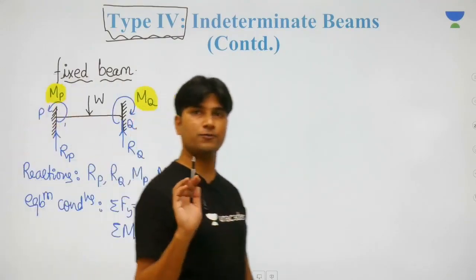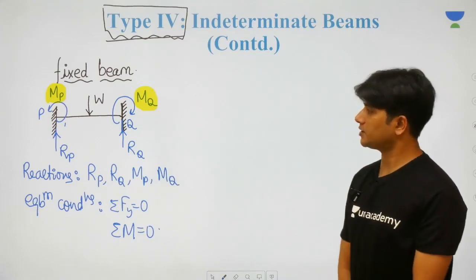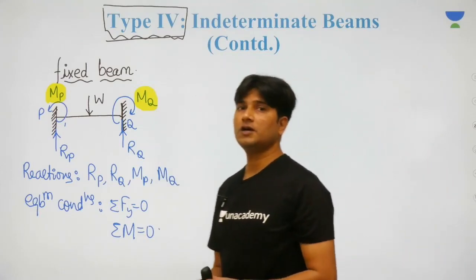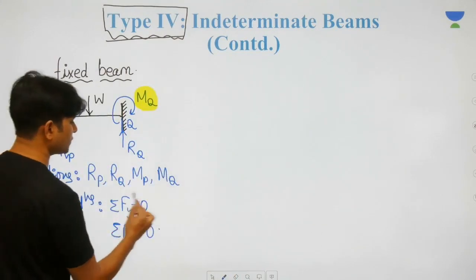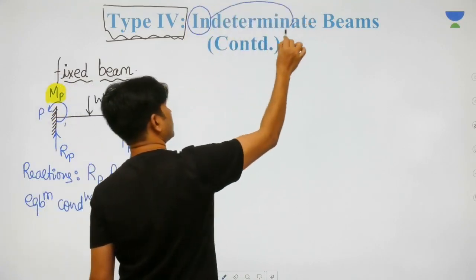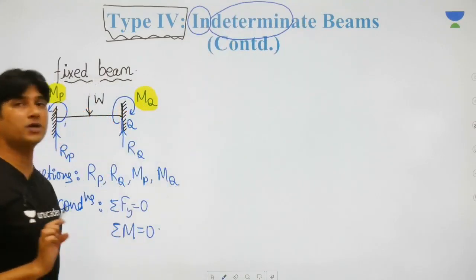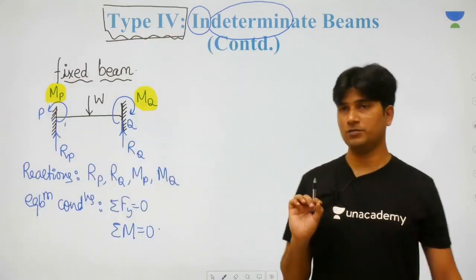Now you see, you have 4 unknowns but only 2 equilibrium conditions. So the equilibrium conditions become insufficient to determine the unknowns, and that's why we call such beams statically indeterminate beams.